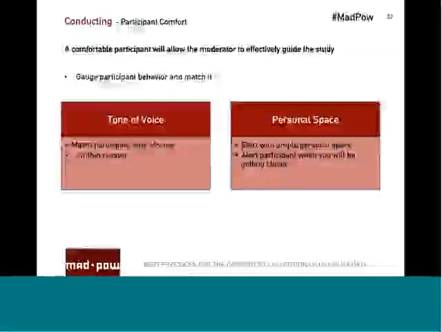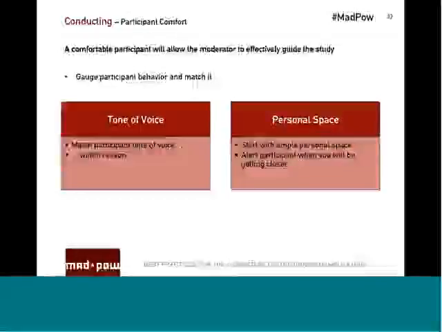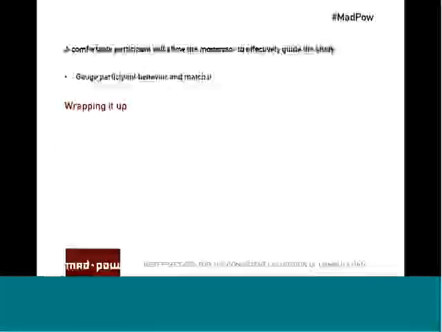Different people have different personal space needs. So start with ample space, and then, if you have to move in to grab the mouse or something like that, just tell them that you're going to do that. There was once a participant who had very large personal space needs, and every time he went to manipulate the prototype, he would scoot away to the back of the wall until we moved back, and then he would move back. It's very interesting, but people have different personal space needs, and we need to be cognizant of that because we are in the room with them.